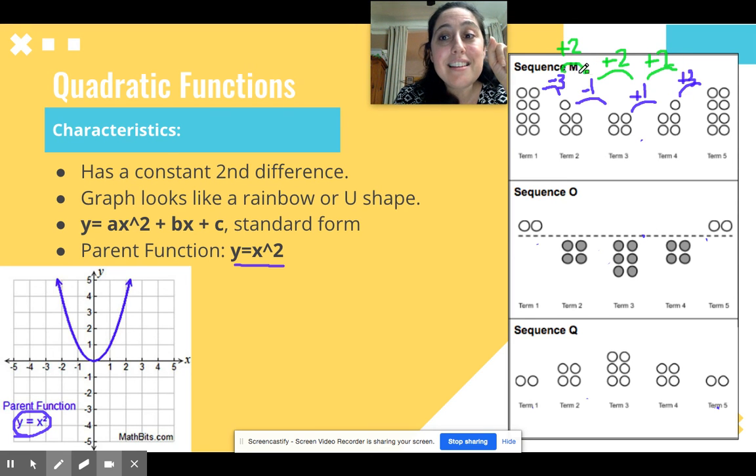So this second difference, if it is constant, then that is another characteristic that this is a quadratic function. So you don't even need to see the graph, the equation, or even I could not give you term 4 and 5, and you could still tell me that this is a quadratic function based off of the second difference numbers being the same.